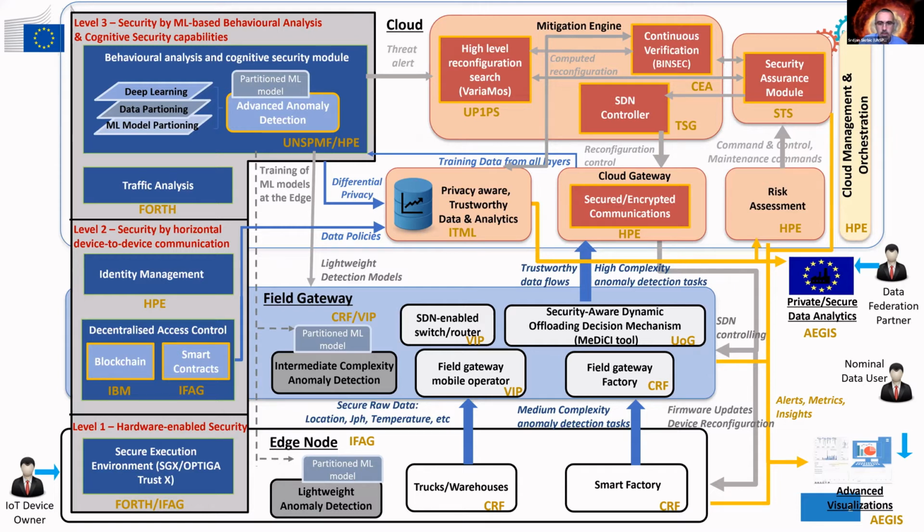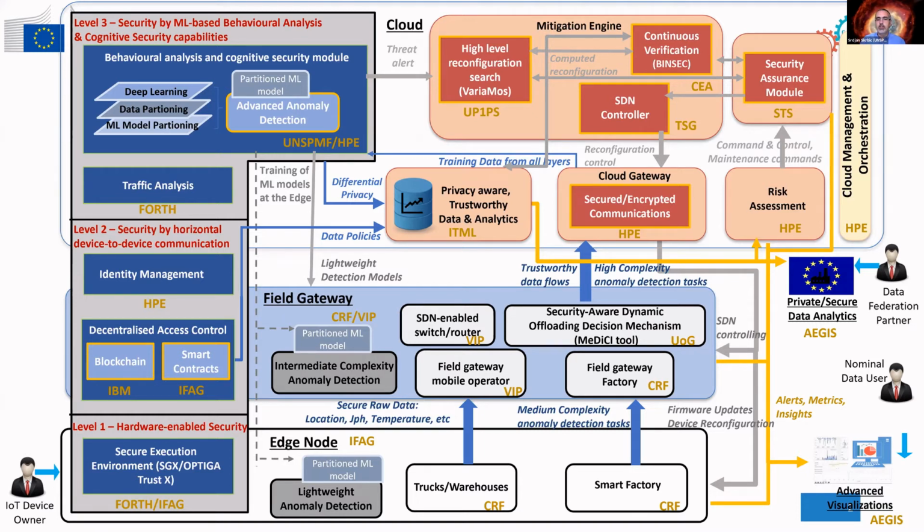So in the field gateway layer, in both use cases, we have a field gateway server or multiple servers that are much more powerful. And here is where we can run intermediate complexity anomaly detection. They know what goes on with all the attached devices that are doing lightweight anomaly detection.